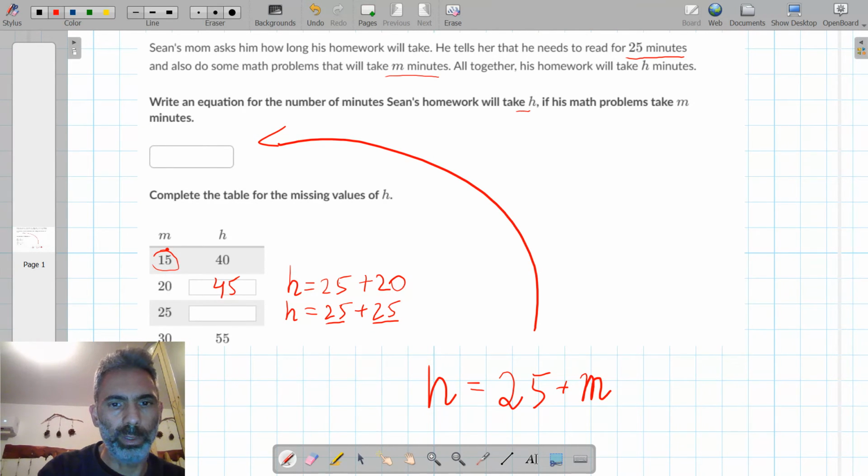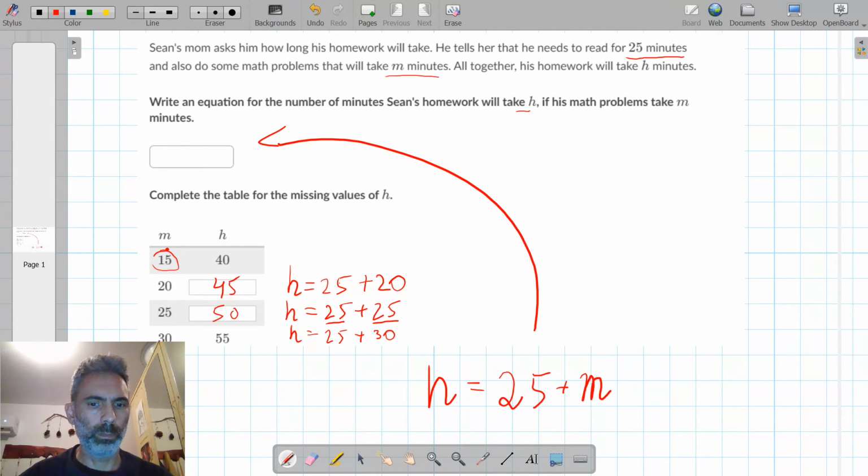So we plug in 25 instead of m, which is the independent variable here. So the total is 50. And if m equals 30, then h equals 25 plus 30. We put 30 instead of m. So 25 plus 30 is 55.